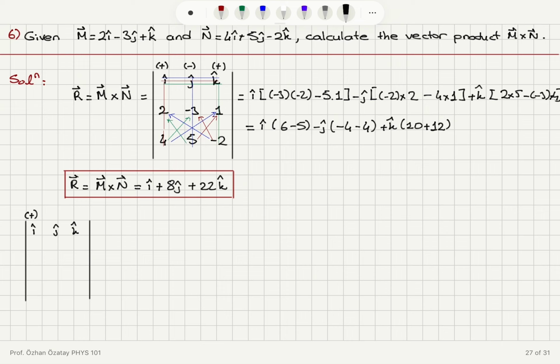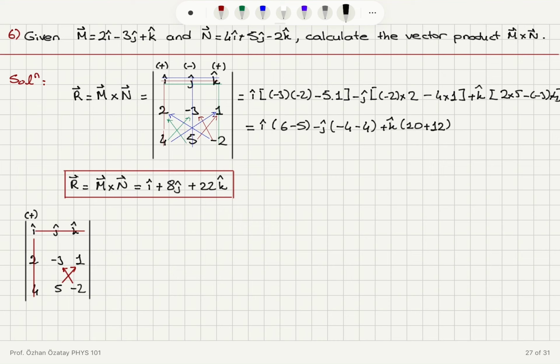The first calculation is done for i hat, with 2, minus 3, 1, 4, 5, minus 2. The first thing I did was cross out the first row and the first column, and then I calculated the product of minus 2 with minus 3 and subtracted from it 5 times 1. So this was the first step.